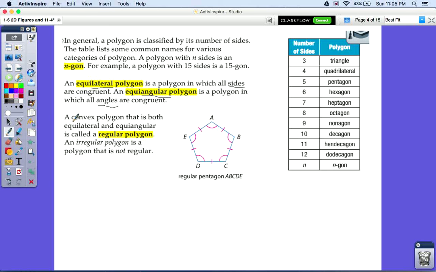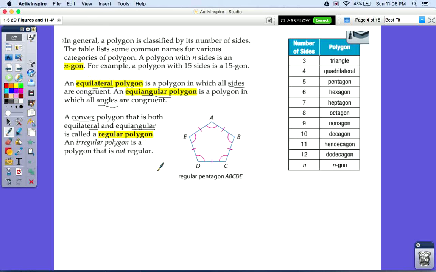So that means that in order for a polygon to be regular, it has to be convex, it has to be equilateral, and it has to be equiangular.